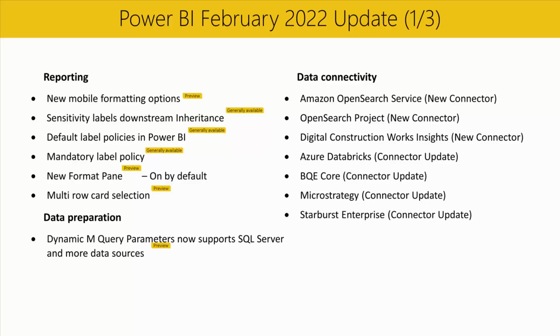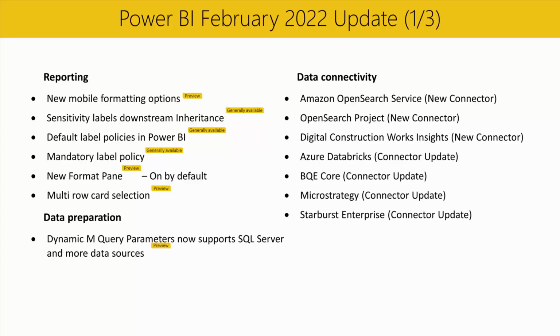We're also excited to announce the release of the new Digital Construction Works Insights connector. This connector works with data from your DCW integrations platform organizational and project data warehouse. It enables you to query all of your project data via one single source and build impressive visuals and reports.